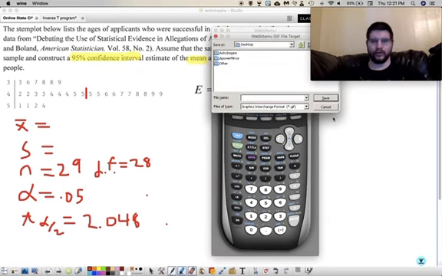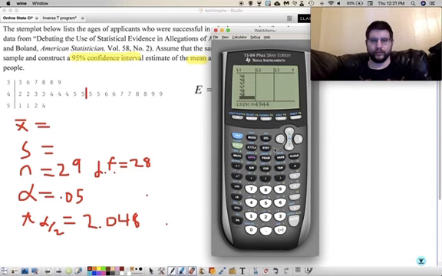Now, here we go. 49, 49, 51, 51, that's not 51, 52, 54. Hey, I counted correctly, 29 numbers.